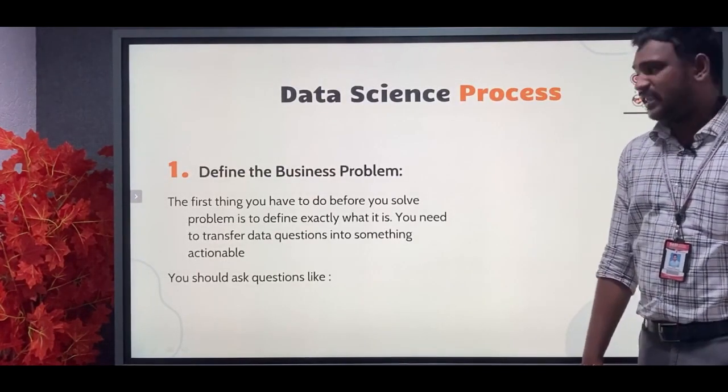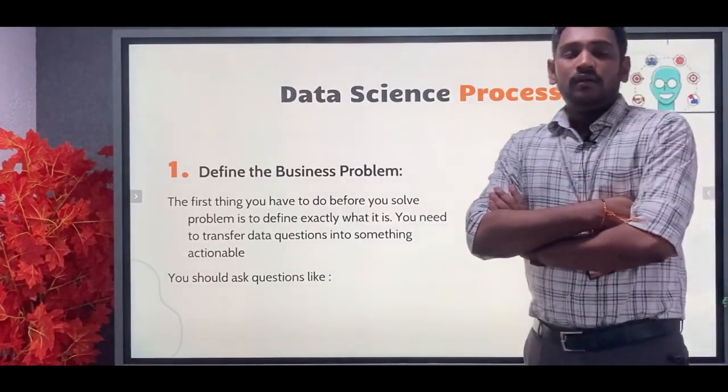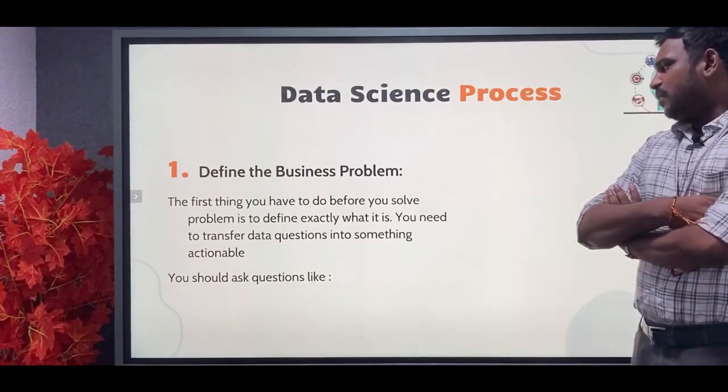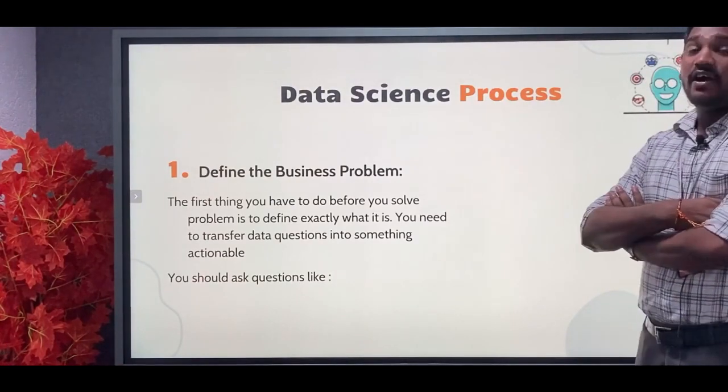First one, define the business problem. Okay. So coming to defining the business problem, the first thing you have to do before you solve the problem is define exactly what it is.